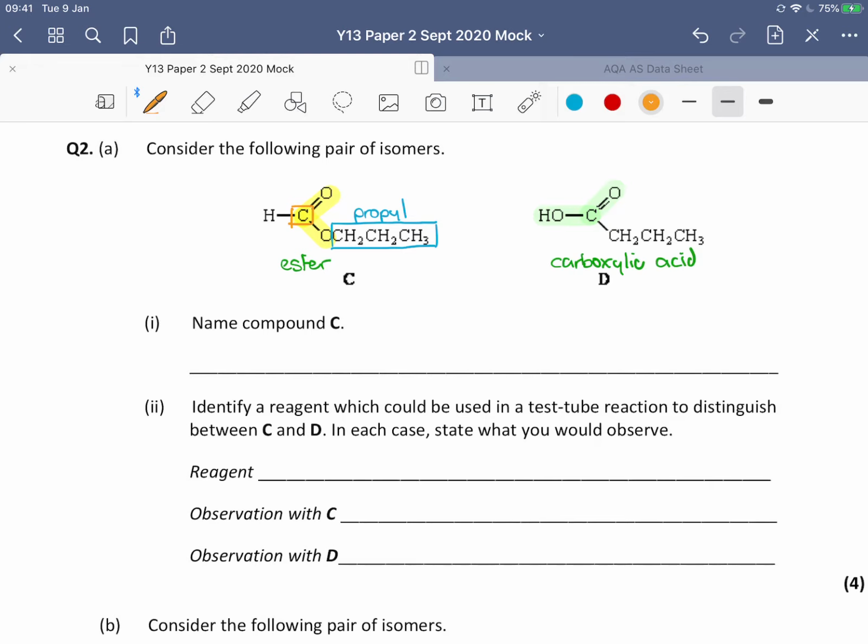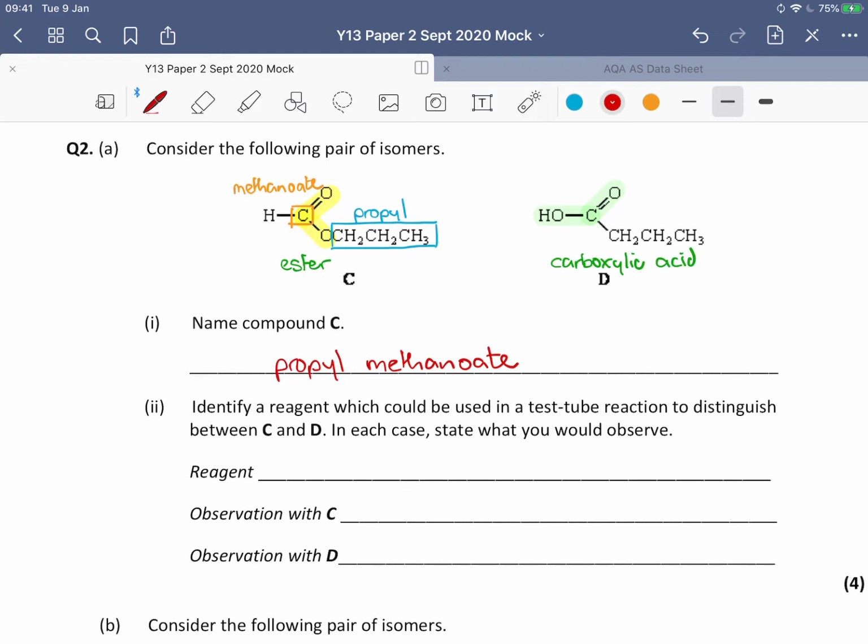So that makes that methanoate. And so our overall name then is propyl methanoate. So in esters you do have a space between the words.